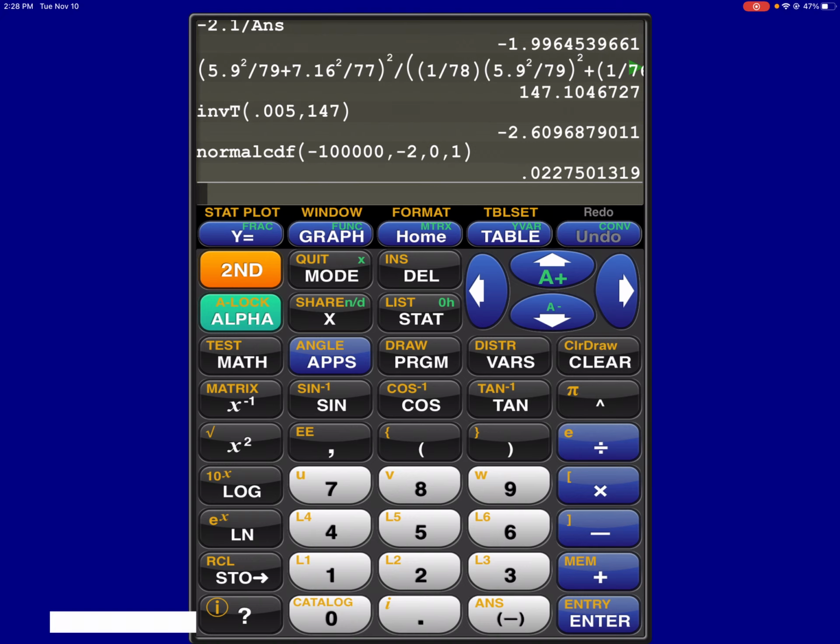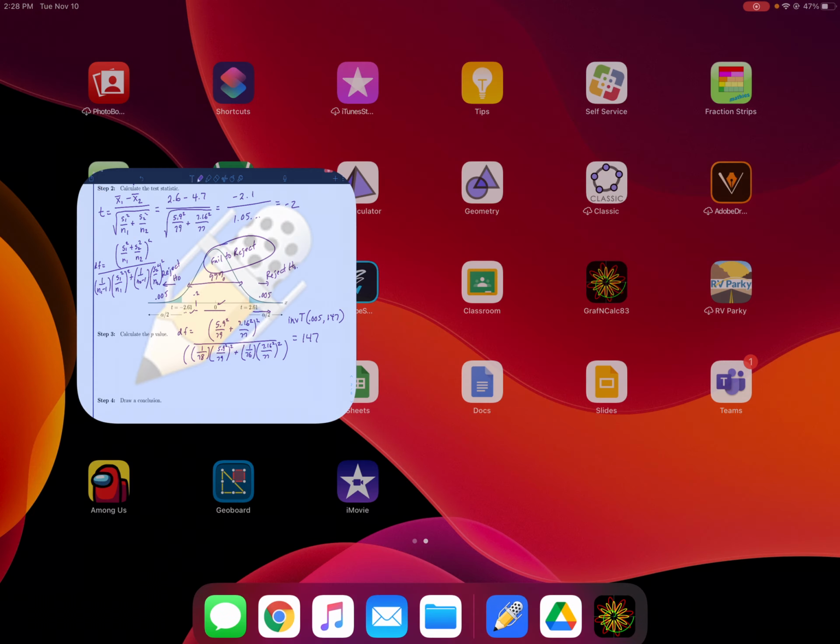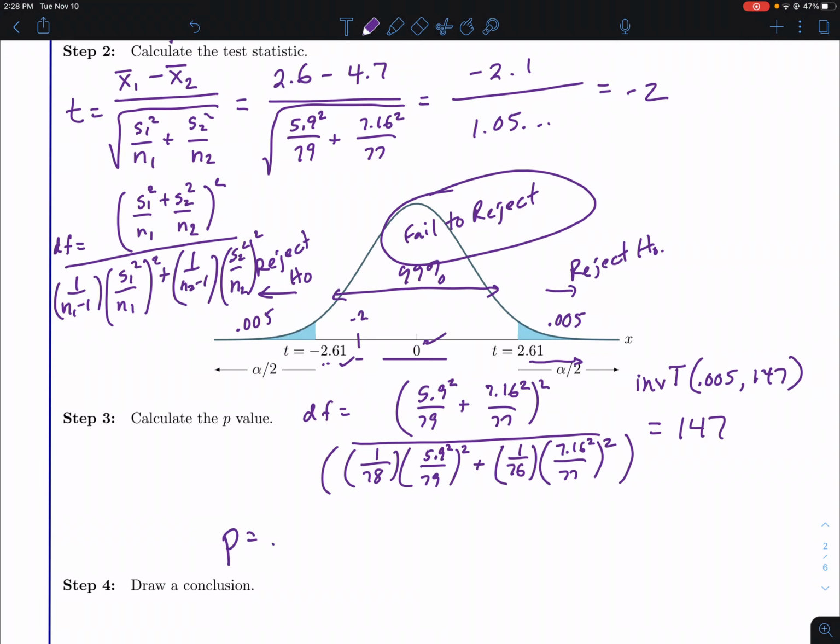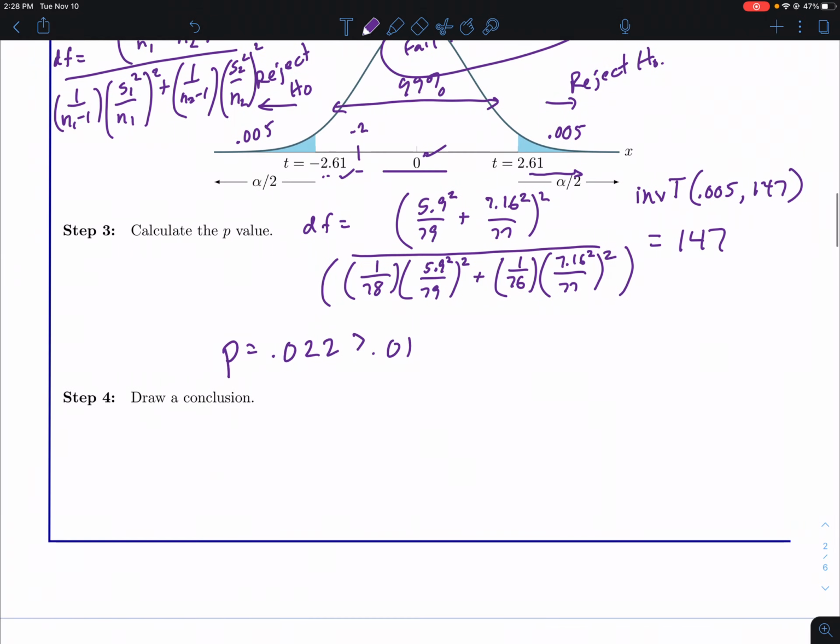And in this case, I get a p-value of 0.022, which is greater than 0.01, which is good. That confirms what we thought was happening, so we are going to fail to reject.